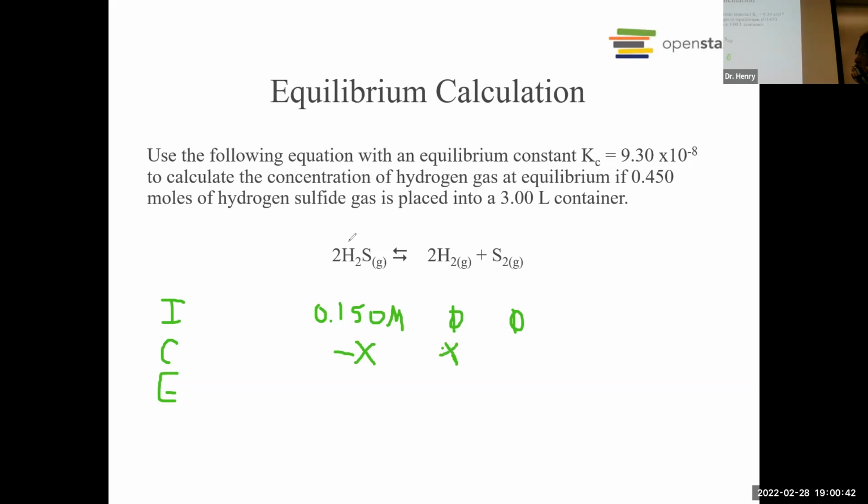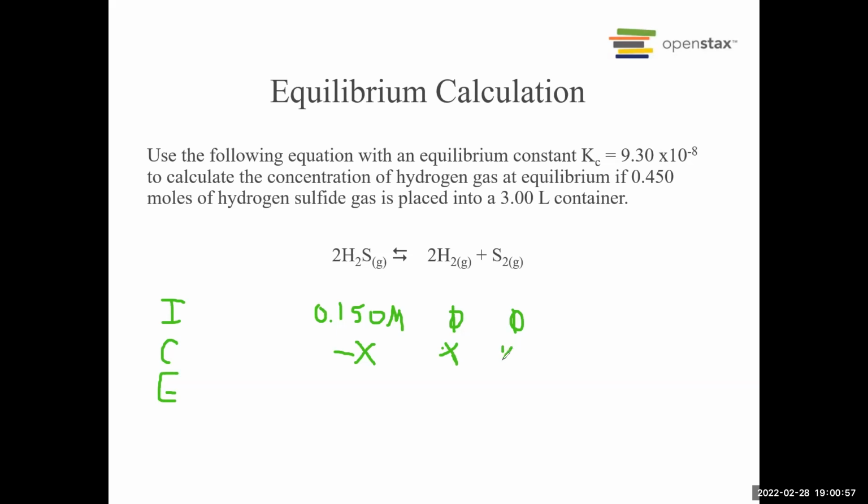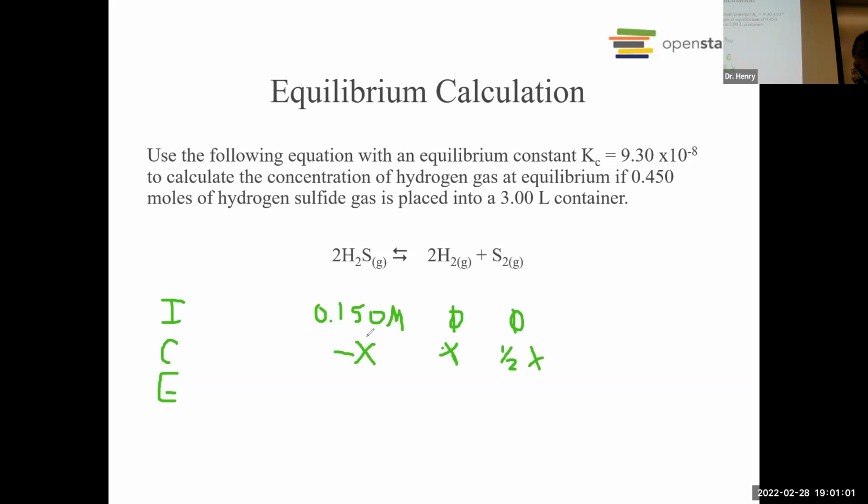Since this one is a 2-to-1 ratio, this one would also be gaining. What was that? Half X? Half X, yes, that's right. If this is X, this has to be half of it, because for every 2 of these, we have 1 of these. So we have to have half of that amount.